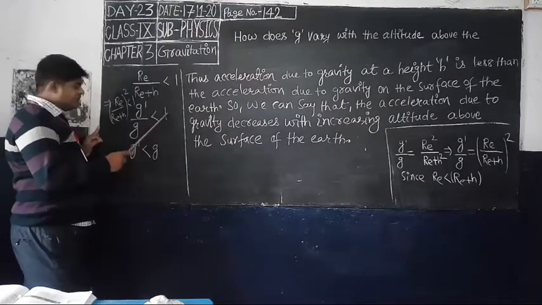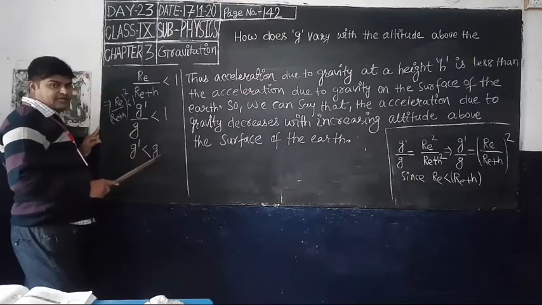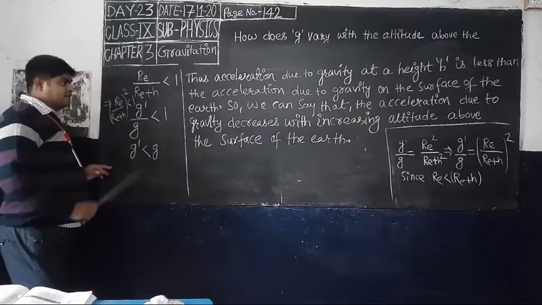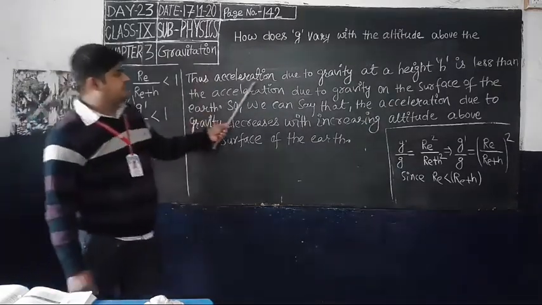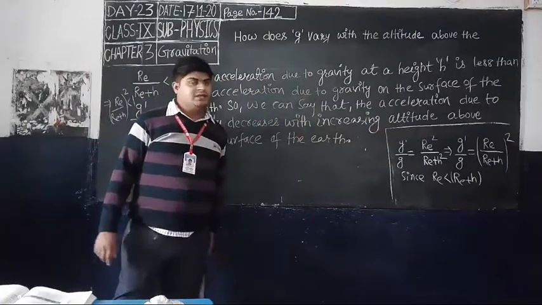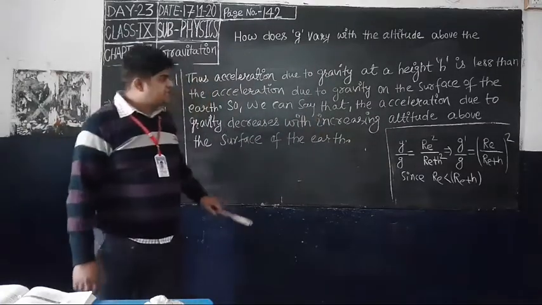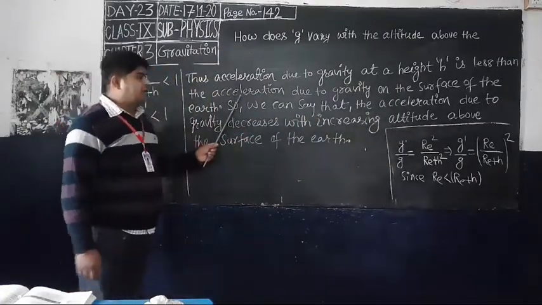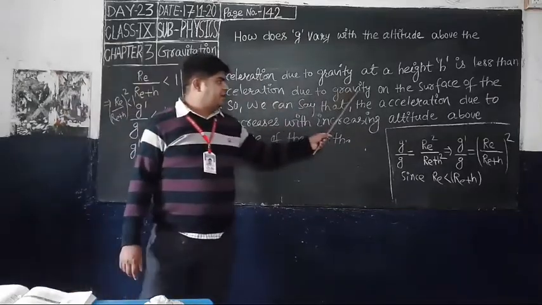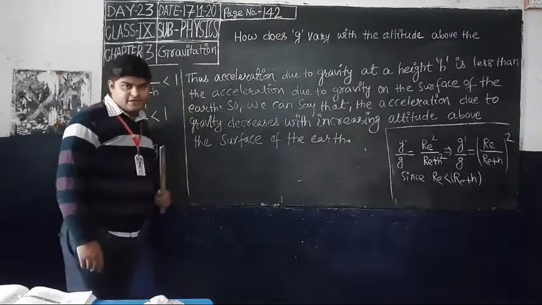Now it goes to the right side: g dash is less than g. Okay, so students, we can say that thus the acceleration due to gravity at a height h is less than the acceleration due to gravity on the surface of the earth.